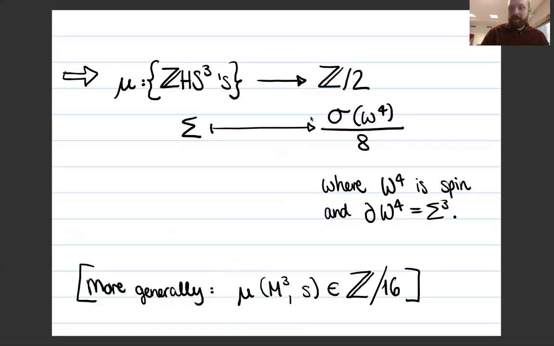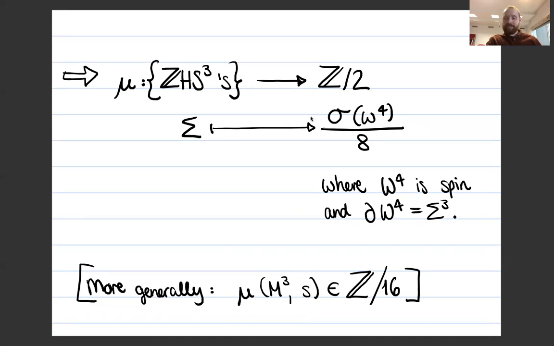So one consequence of Rokhlin's theorem is you get this Arf invariant of an integral homology sphere, sort of, a Z2 invariant. So what you do is you take your integral homology sphere, sigma here, and you choose some spin bounding, or you could say simply connected, even bounding 4-manifold.